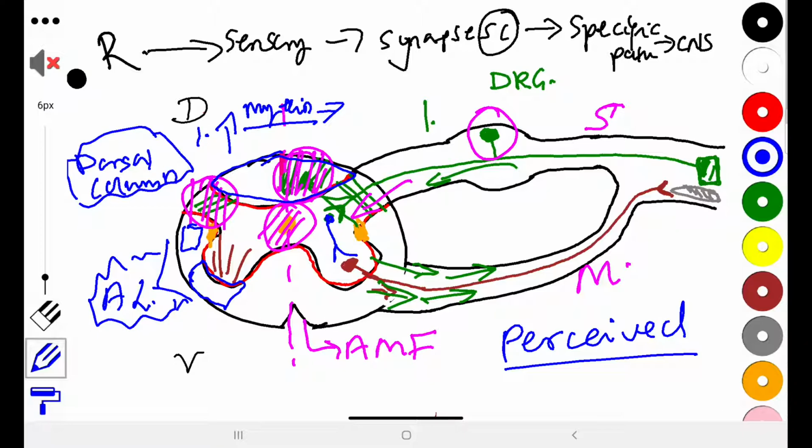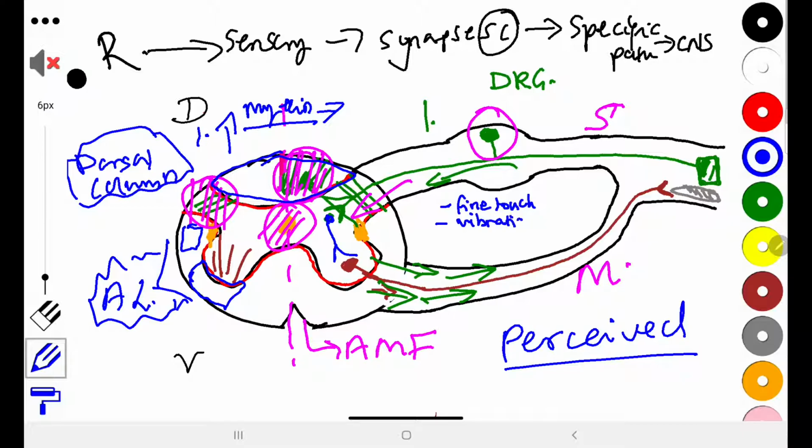Because of this, the dorsal column also carries highly accurate information that is more localized. We talked about all of this when introducing the receptors. We should also note that the dorsal column carries sensations from most of the mechanoreceptors. So when we talk about dorsal columns, we're talking about things such as fine touch, and then vibration.